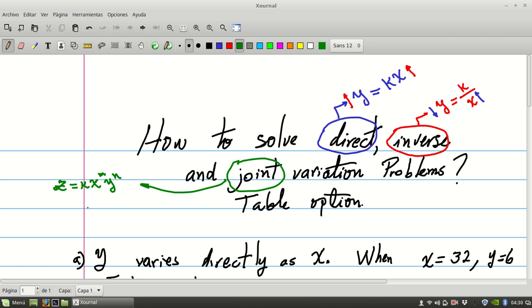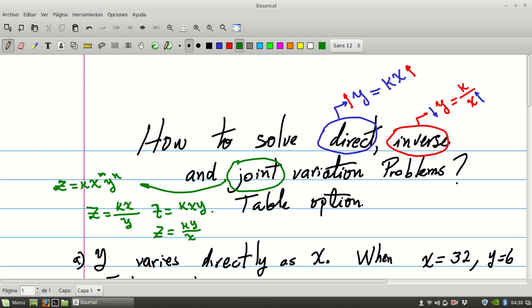So it could be in this form, like z equals kx over y, or z equals kxy, or z equals ky over x, depending on whether it's direct variation between x and z, or an inverse between y and z, or the other options.